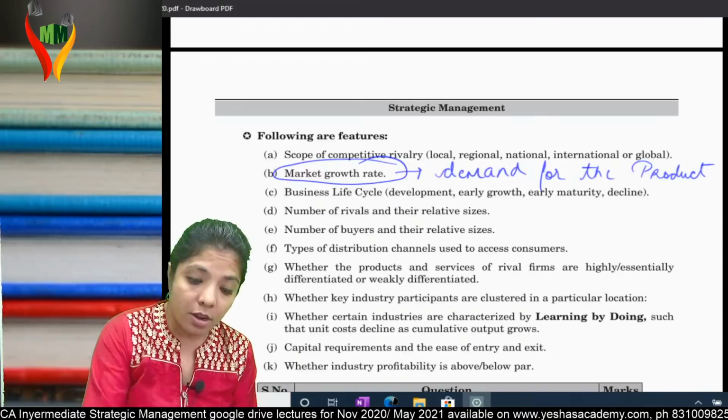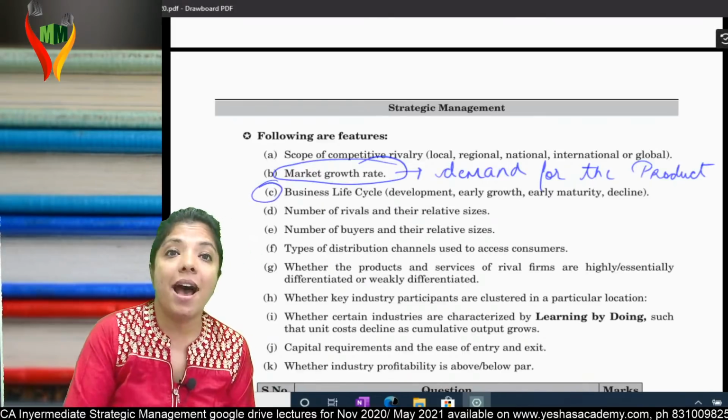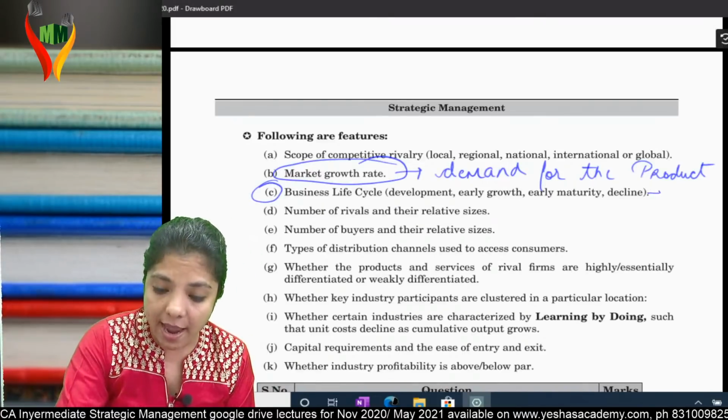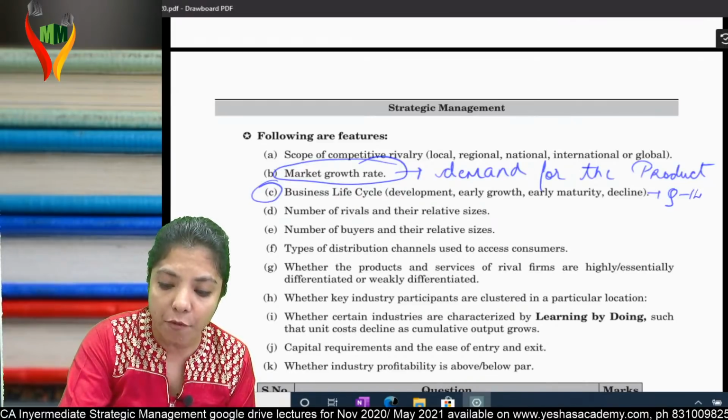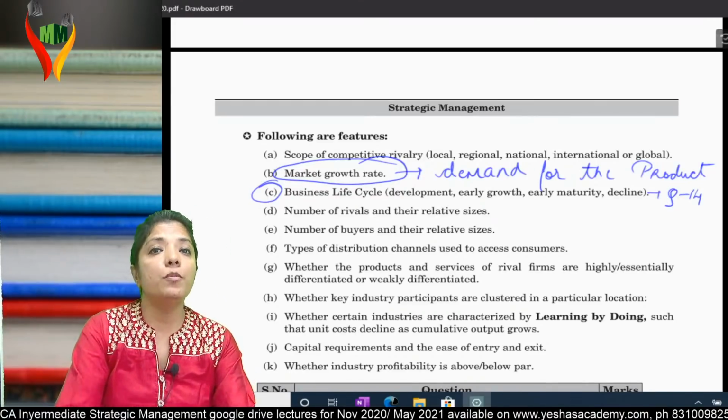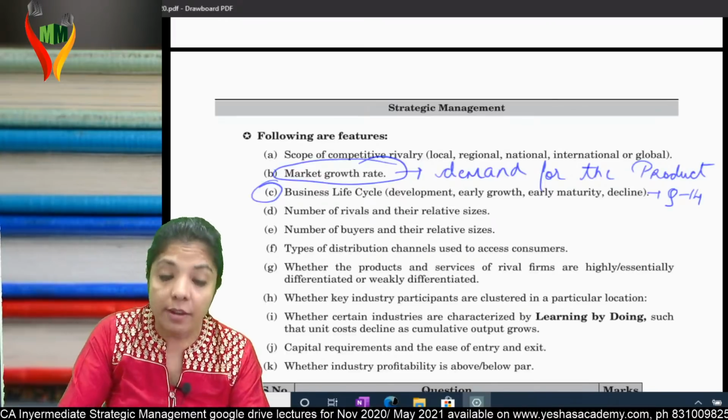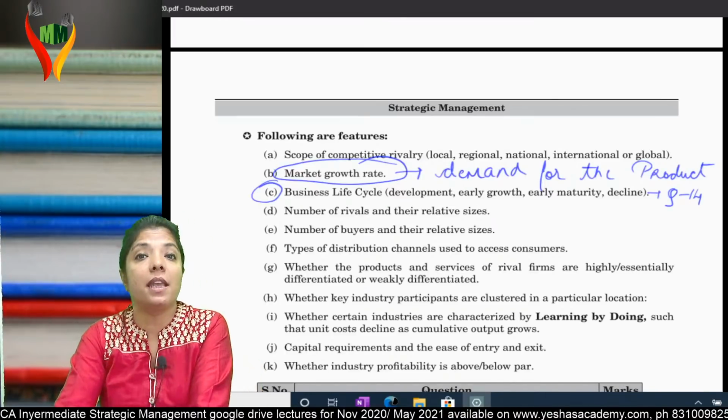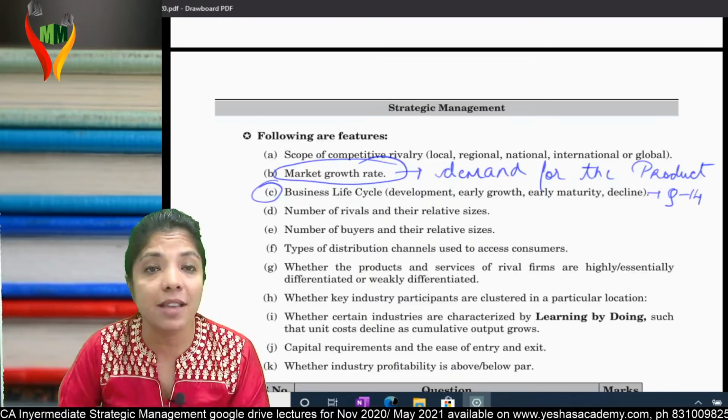Now come to point number C and mark it important and write there refer question number 14. What is point number C? Business life cycle.